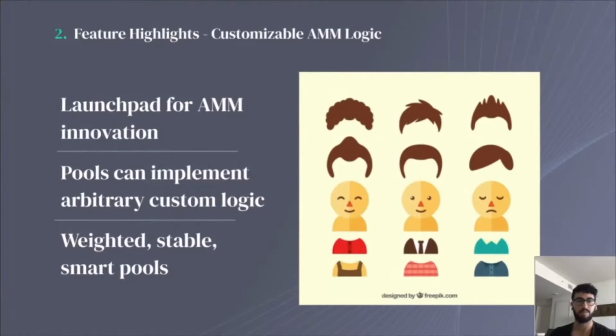Balancer V2 will launch with two initial versions: weighted pools and stable pools. Weighted pools are essentially the logic of Balancer V1, like a shared pool on Balancer V1. And a stable pool is a pool for like-value tokens, which uses the same math as in Curve.